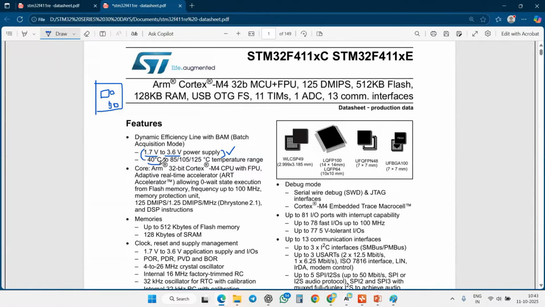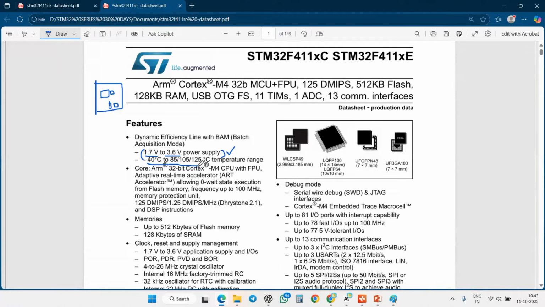And what is the temperature range it is going to work in? Because I'm not only going to use my microcontroller at normal room temperature, I can use it in industrial applications, in an office environment, in a manufacturing area.